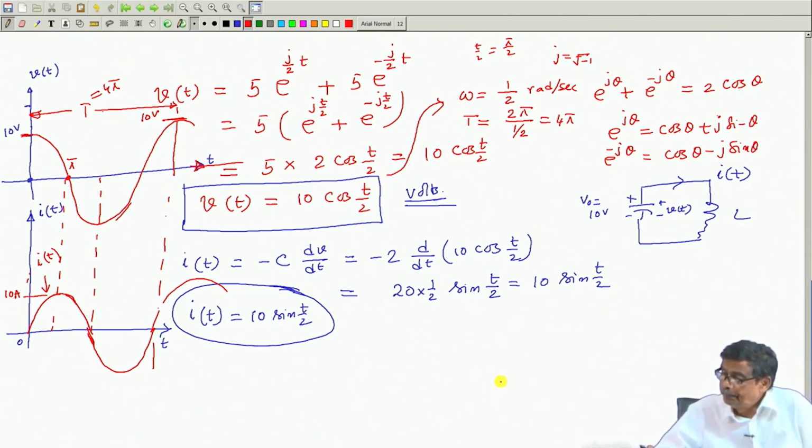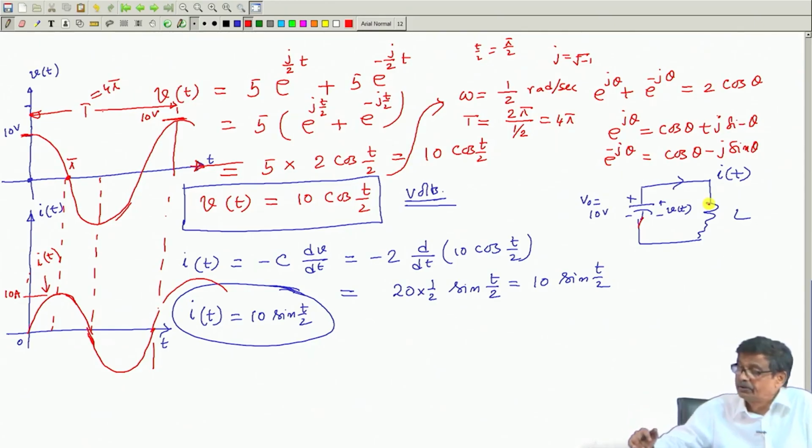Therefore, for a capacitor and inductor, which are ideal in nature, no resistance involved, if you charge the capacitor from some other circuit to 10 volt and then switch on to an inductor which had no initial current, then the voltage across the capacitor and the current in the circuit will oscillate, changing with time indefinitely.